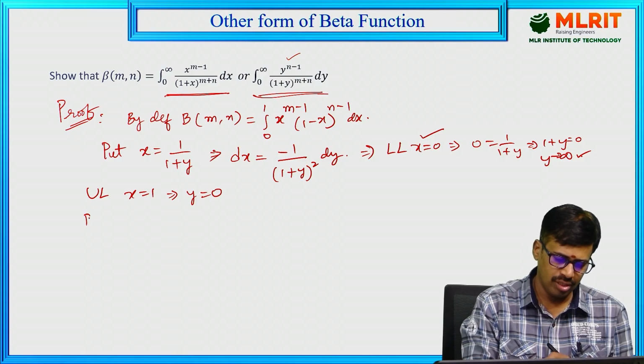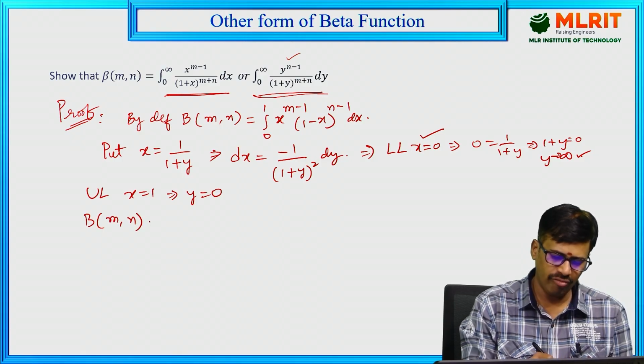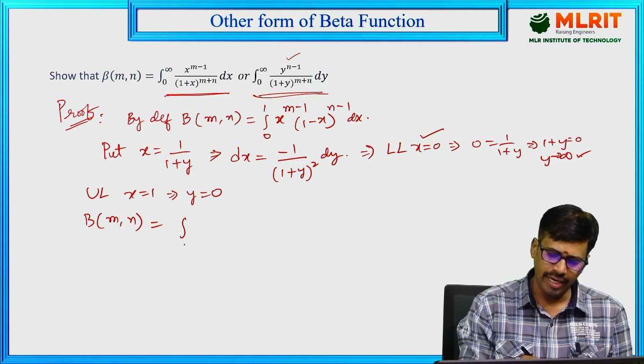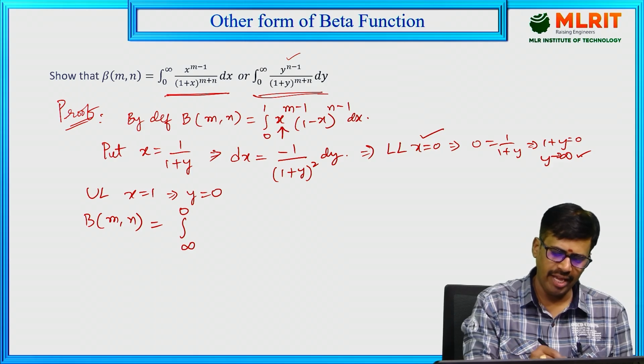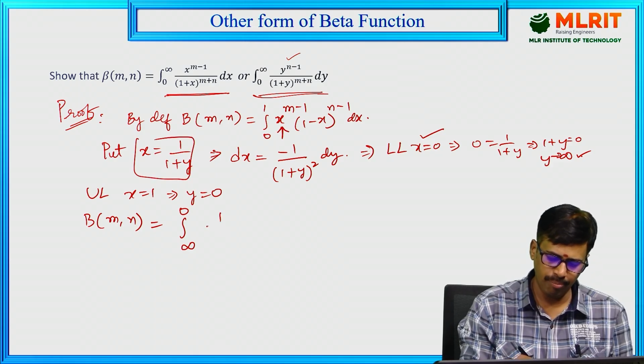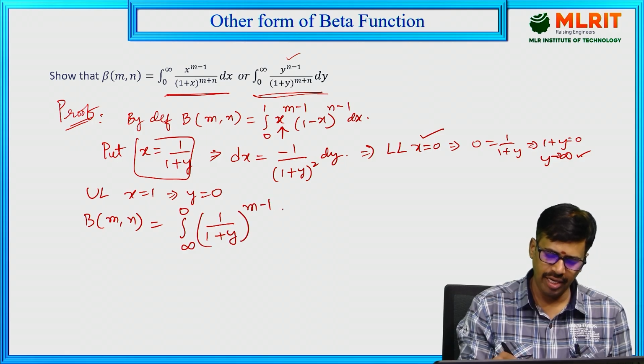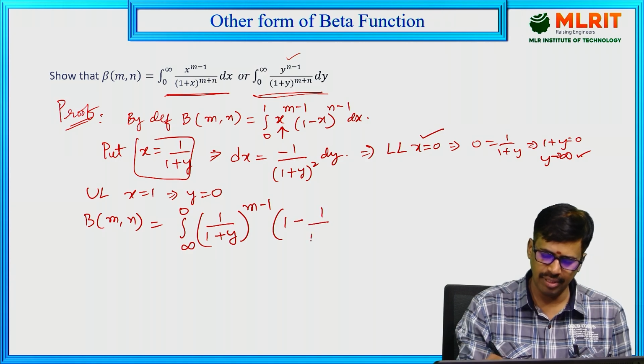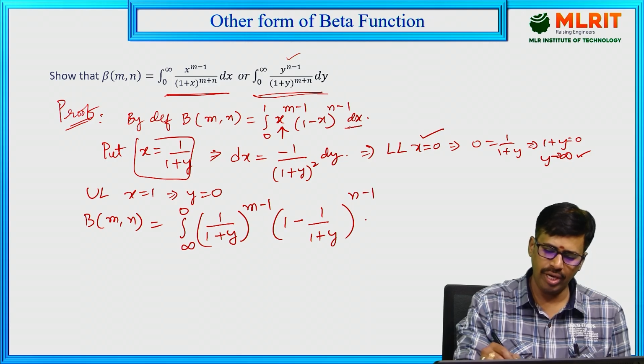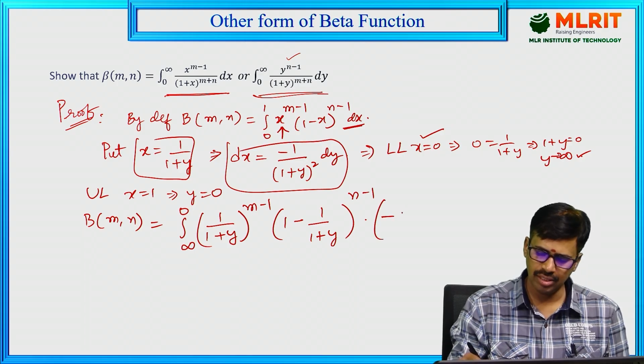So this integral can be written as beta of m comma n equal to integral infinity to 0 x power m minus 1, where x means 1 upon 1 plus y whole power m minus 1, into 1 minus x power n minus 1, where x means 1 by 1 plus y, into dx. Dx means minus 1 by 1 plus y whole power 2 into dy.